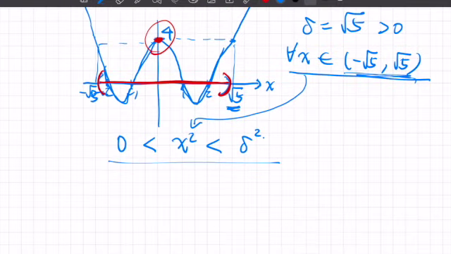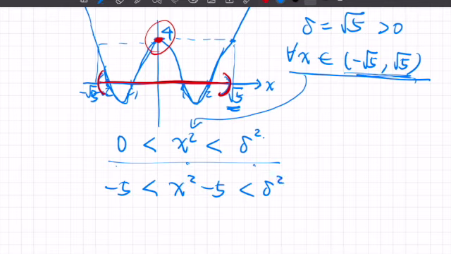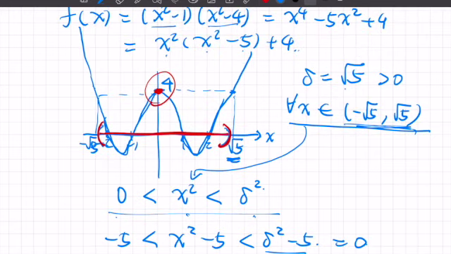Okay, and if we subtract 5 from each term, we have negative 5 less than x squared minus 5 less than delta squared minus 5. But this one is 0, because delta is defined to be square root of 5.